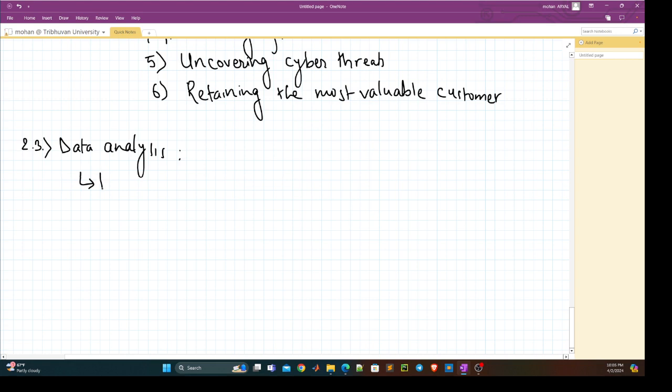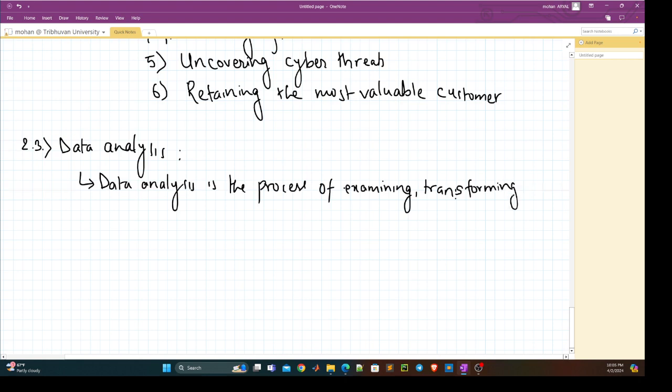Data analysis is the process of examining and as well as transforming and arranging raw data in a specific way to generate useful information.